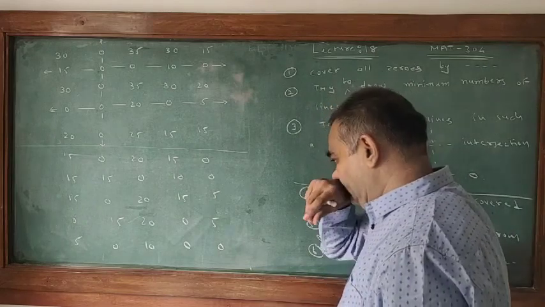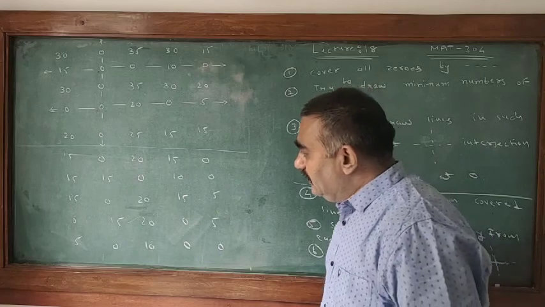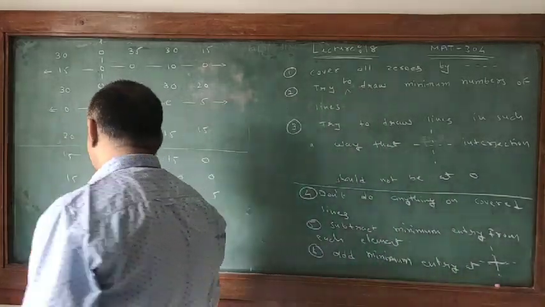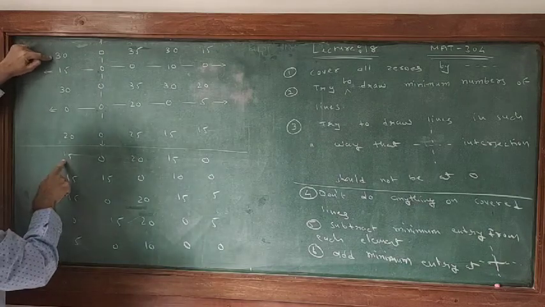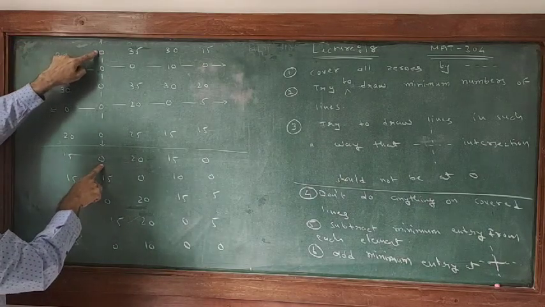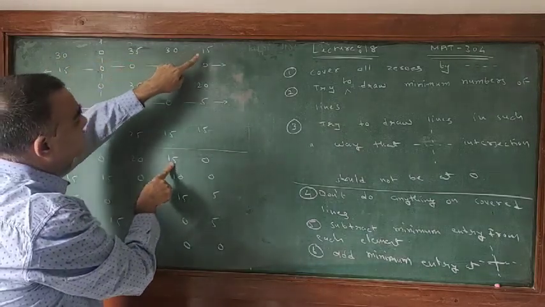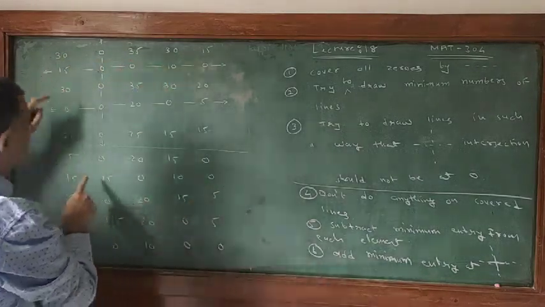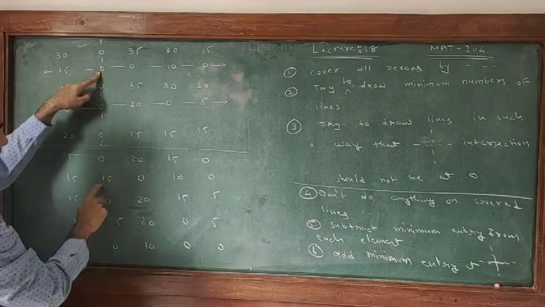So what we did: we subtracted 15, so it is 50. Don't do anything on the line, means 0, 20, 15, 0. 15. This is an intersection, so we have to add 0.